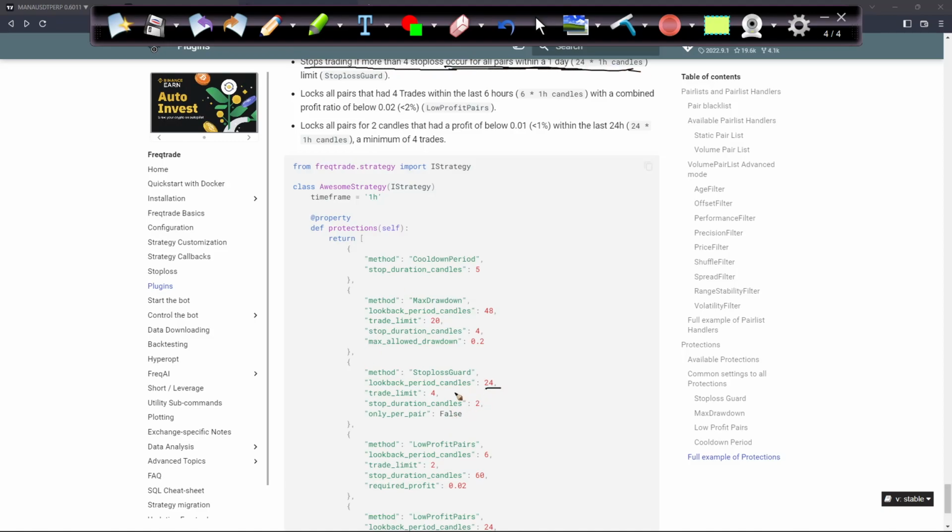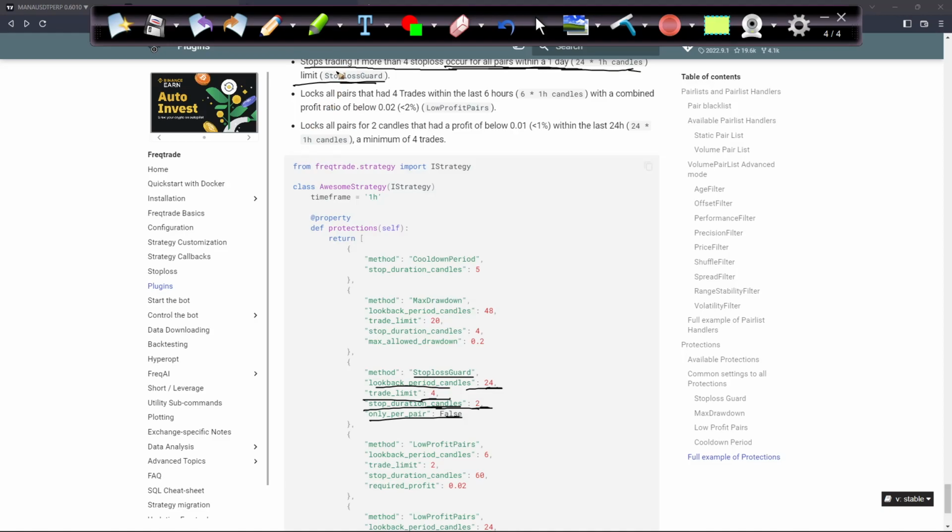The look back period is 24 candles, which is 1 day, the trade limit is 4, the stop duration is 2, and only per pair is false. Okay, now we go back.